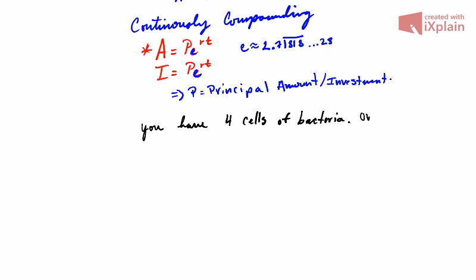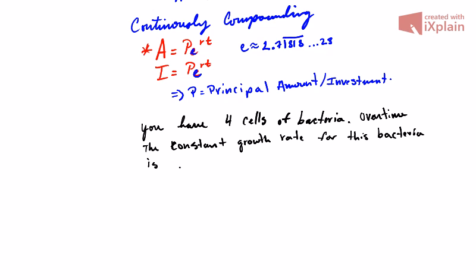Over time, the constant rate for this bacteria is 0.3, and we'll say percent.